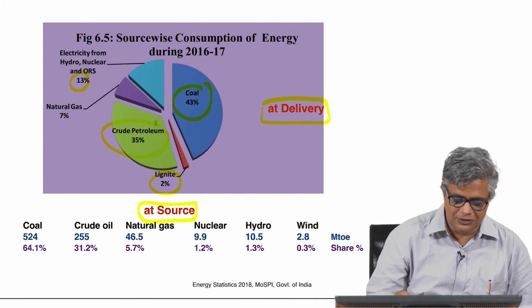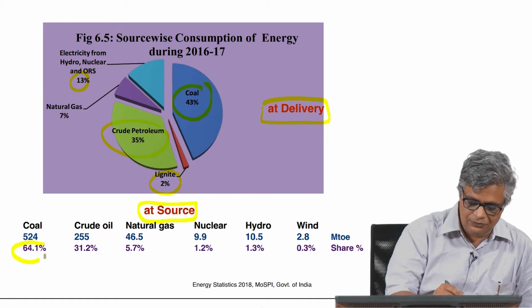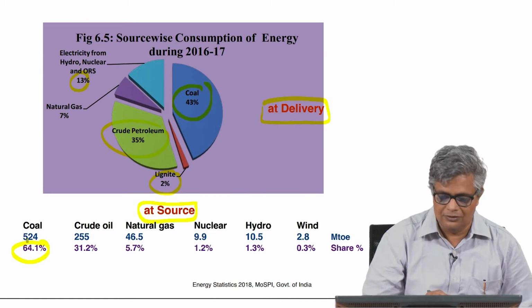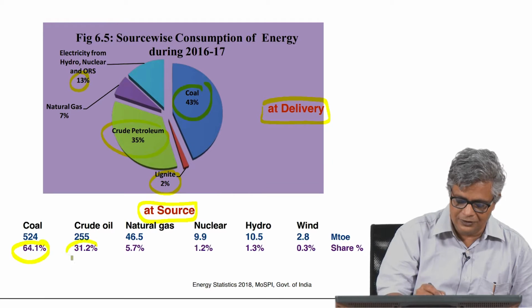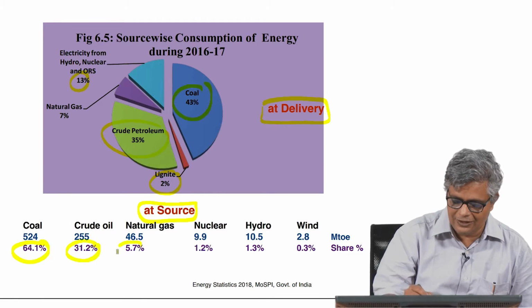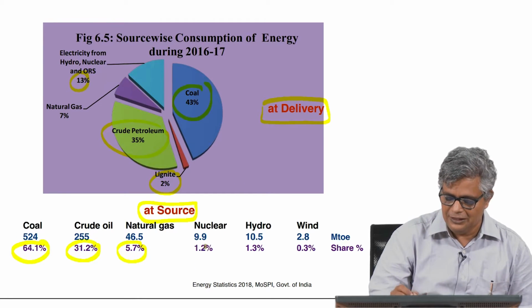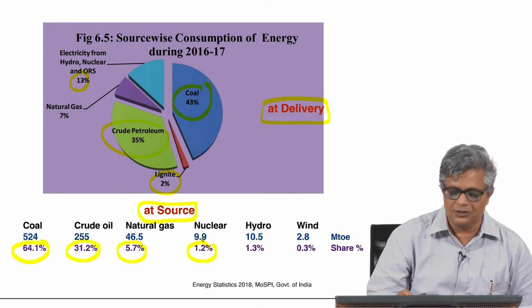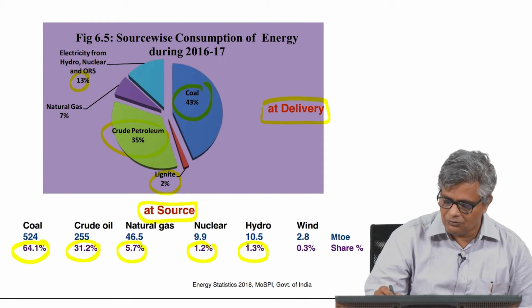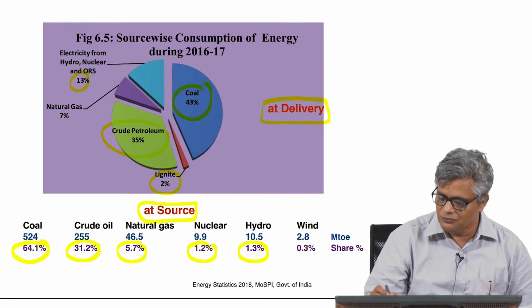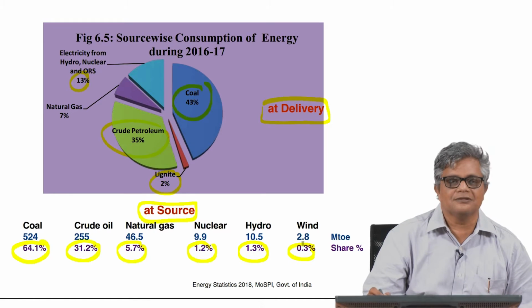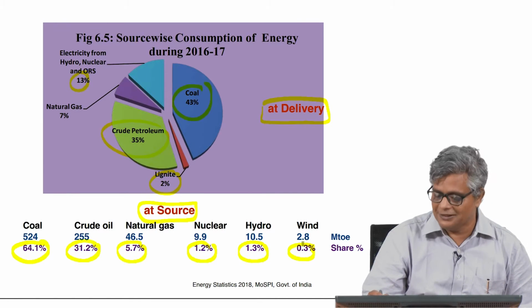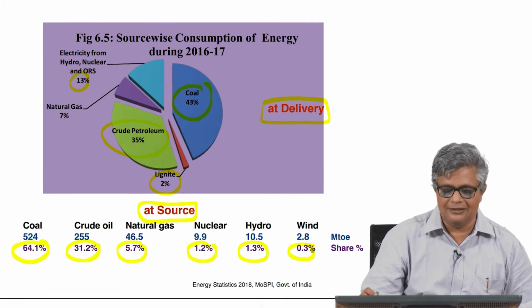And at source, you can see that coal has accounted for 64%, crude oil for 31%, natural gas for 5.7%, nuclear only 1.2%, hydro only 1.3%, wind 0.3% in terms of electricity generated, and obviously solar is much less than this.